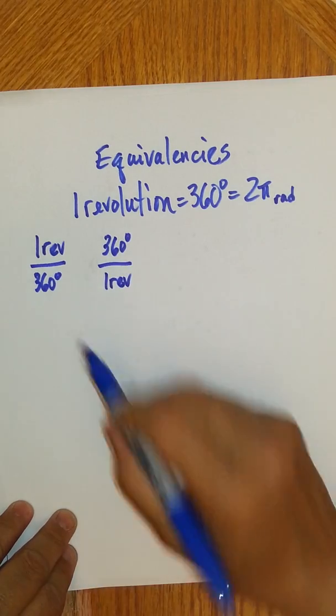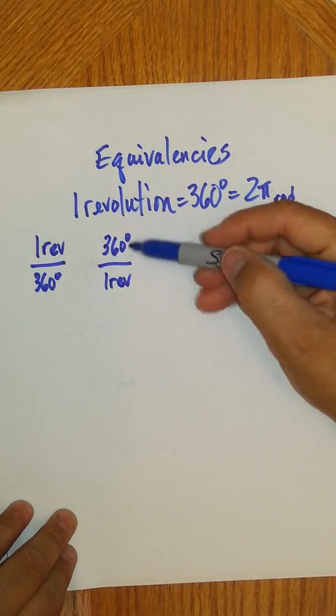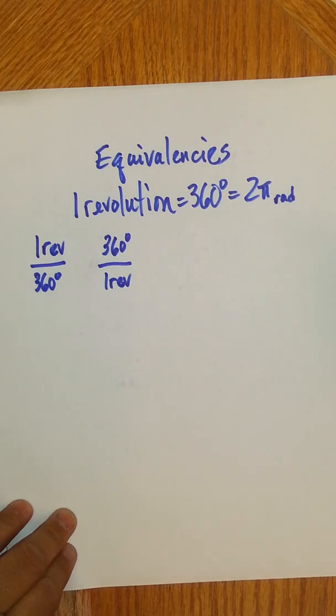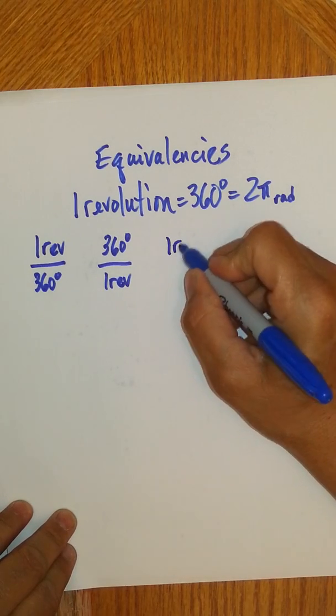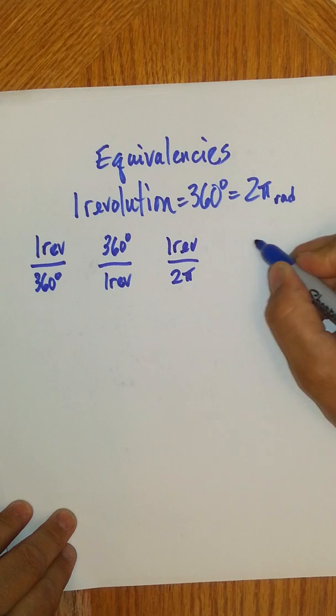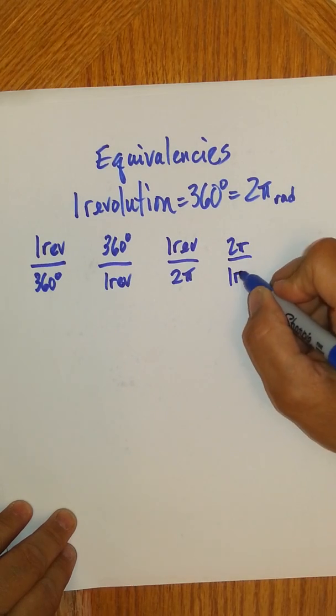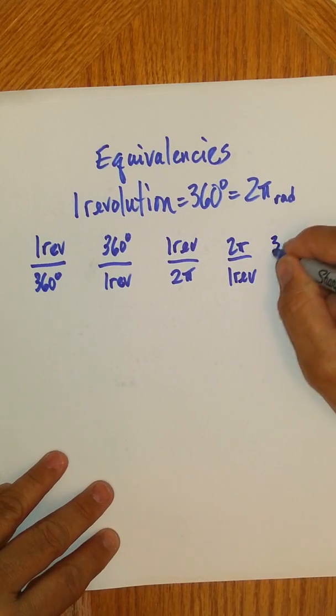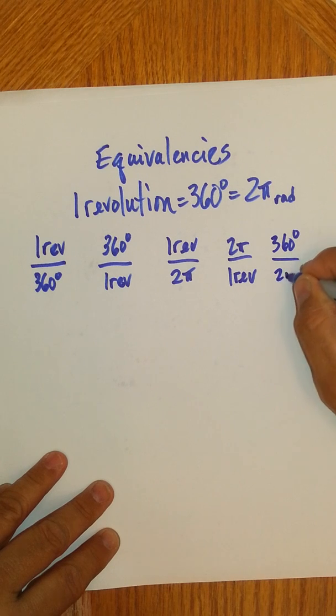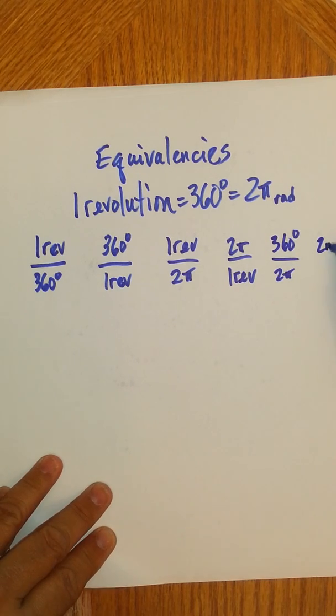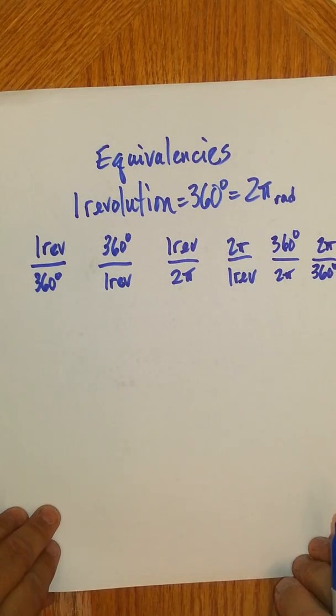That's also 1, because they're the same amount of rotation. So the same amount of rotation over itself is 1. You could say 1 revolution is 2 pi, or 2 pi over 1 revolution. And of course you could say 360 degrees is equivalent to 2 pi, or 2 pi is equivalent to 360. All of these are going to be used as your equivalency.